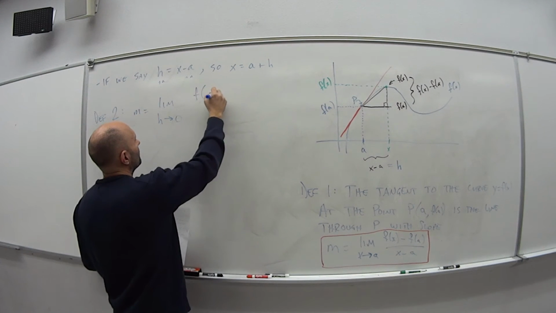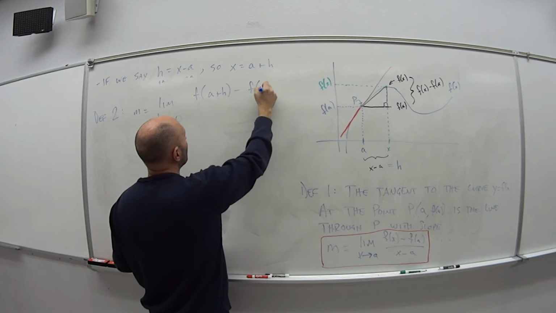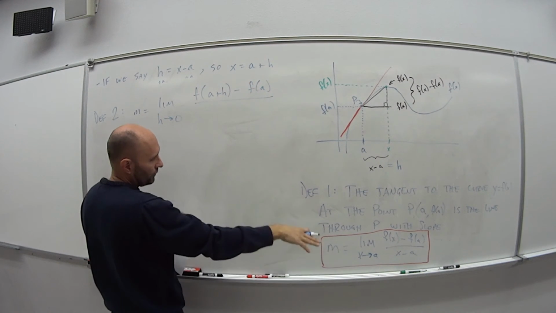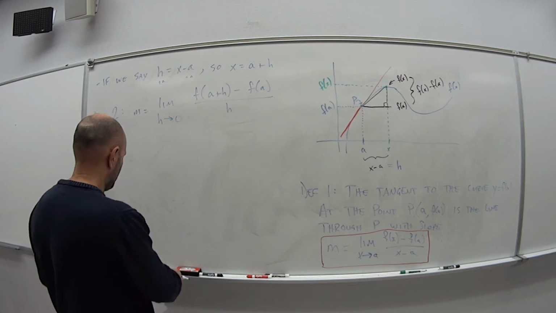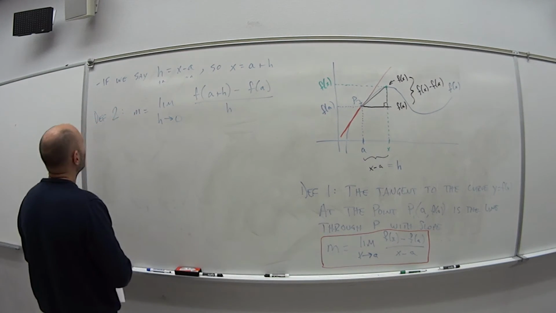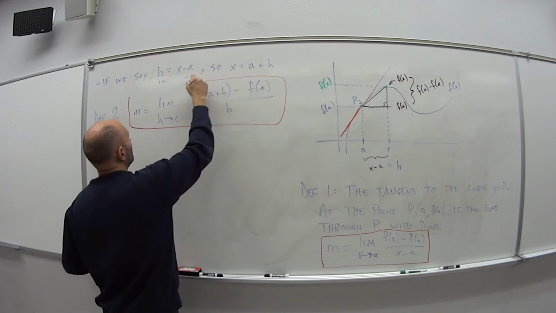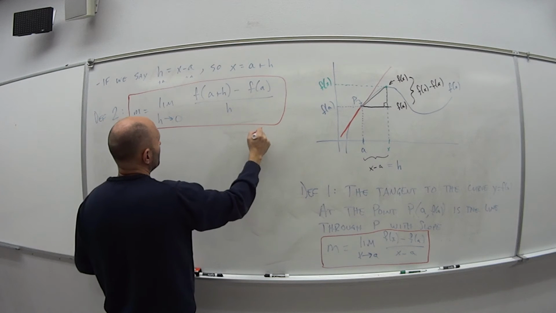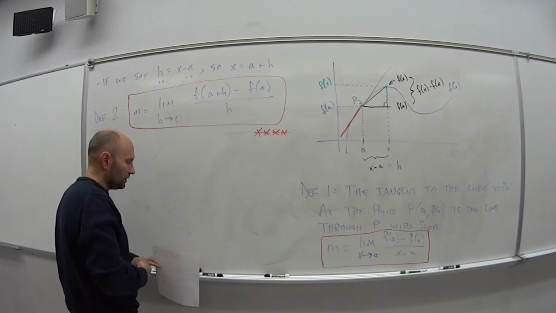So this is really f of a plus h minus f of a all over x minus a, which I redefined as h. So this guy here, if you have a cheat sheet, if you have a reference sheet, you have something going for formulas, you really want to have this one marked, highlighted, etc. I'm going to use this a lot.